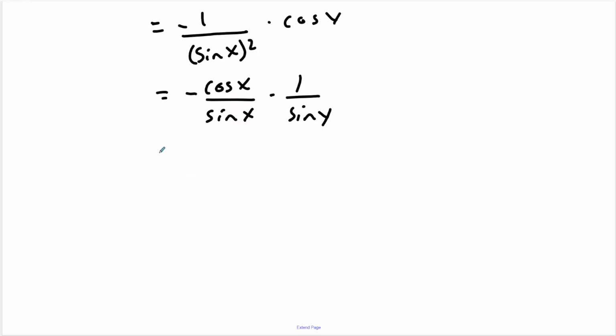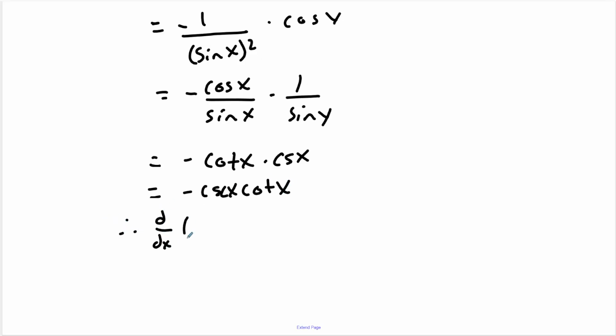And then this will equal, well, cosine of x over sine of x is cotangent of x, and then times 1 over sine of x is cosecant of x. Or people usually write it as negative cosecant of x, cotangent of x. So we can say, therefore, d dx of cosecant of x equals negative cosecant of x, cotangent of x.